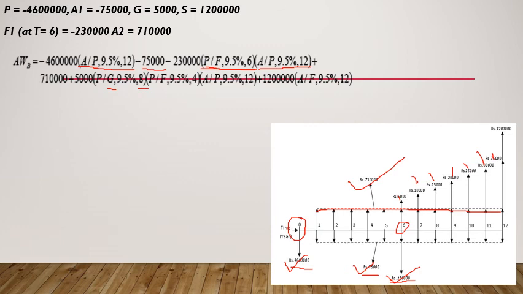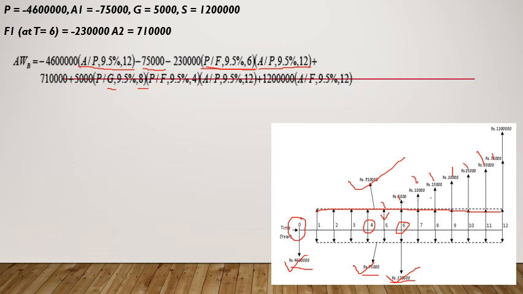And where will its P be situated? Its P will be situated at t equal to 4, because the first payment will be at t equal to 5. First G will be at t equal to 6, and it continues like that. So how many flows are there? 1, 2, 3, 4, 5, 6, 7, 8. Hence N is equal to 8.